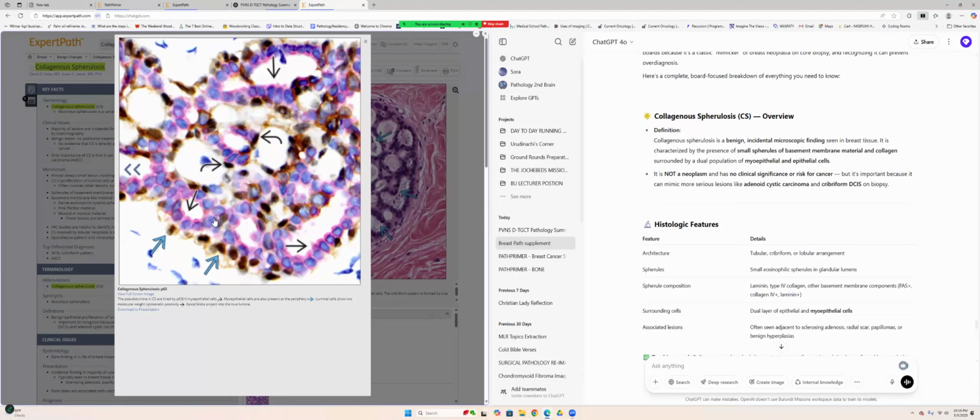The thing is, it's actually the pseudolumina surrounding the basement membrane-like material that are stained with P63. The real luminal cells are the ones that show secretions and cytoplasmic blebs. Those lack P63 but show cytokeratin positivity.